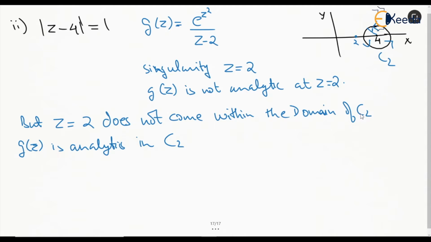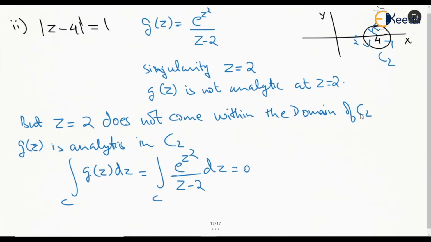So for our domain, this g of z becomes analytic, and once this is analytic, the entire integral of g of z dz for C, which is actually e to the power of z square by z minus 2 for C, will directly become 0 as per Cauchy's theorem.